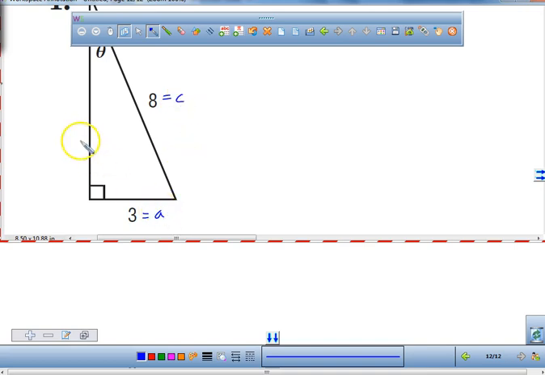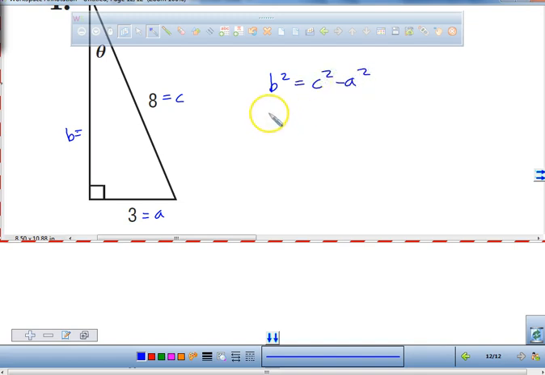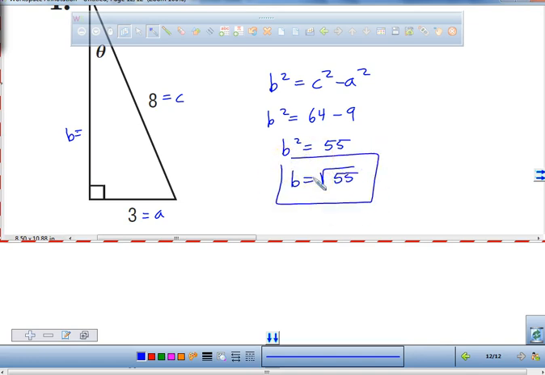C, A, and B. Whenever we find the missing side, what do we do? We don't do a squared plus b squared equals c squared. We do b squared equals c squared minus a squared. So c squared is 64, a squared is 9, b squared is 55, so b is the square root of 55, and you have to keep it that way because you can't simplify the square root of 55 because it only breaks down into what?